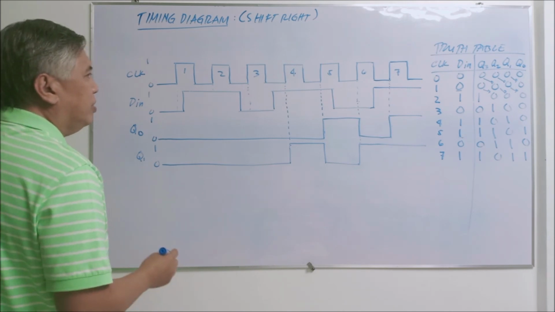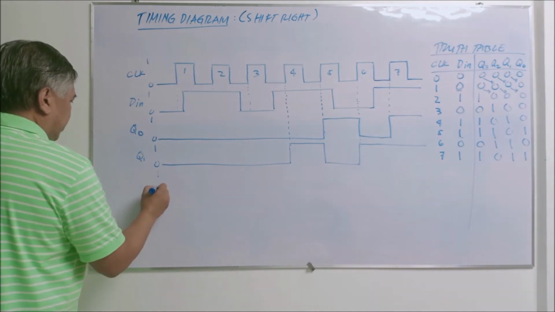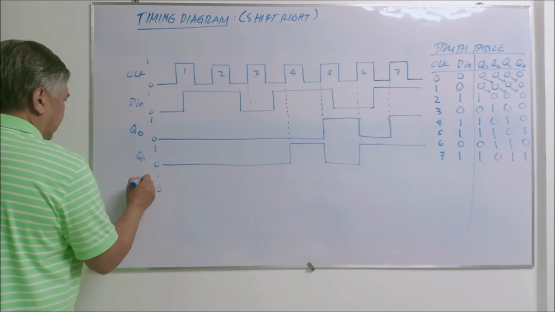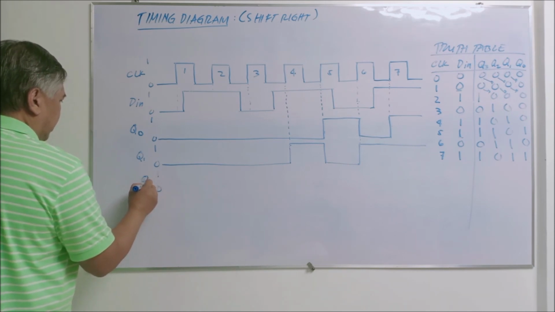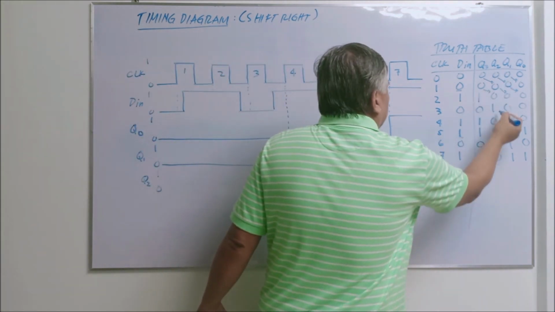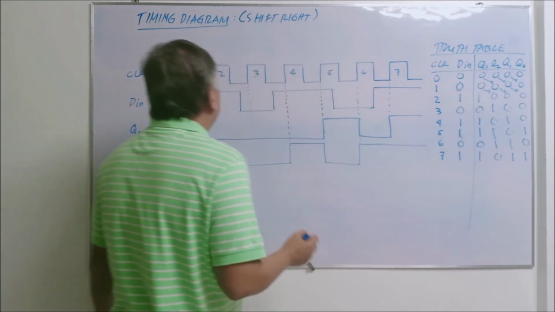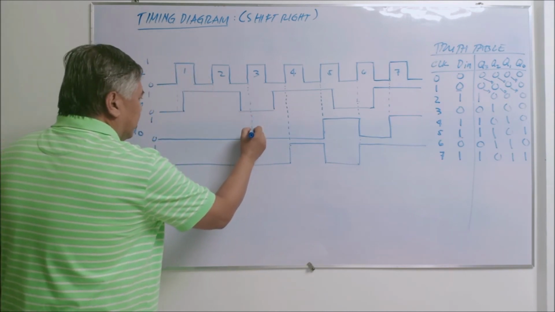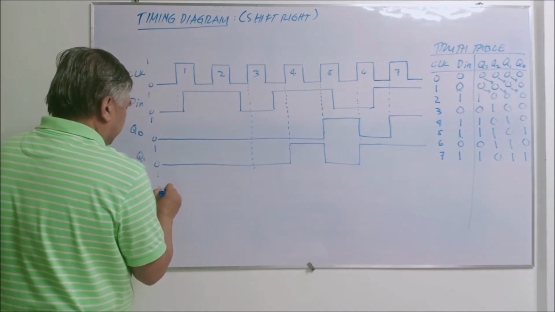Okay? Then next is your Q sub 2. The output Q sub 2 will be equal to 1 on the 3rd positive triggering of the clock. That will be in this case here.